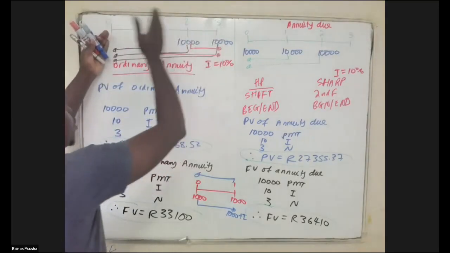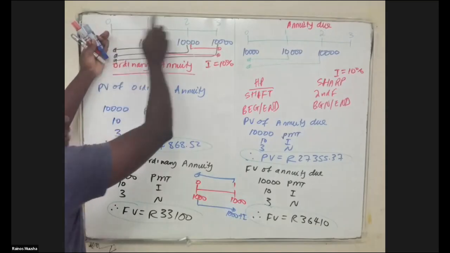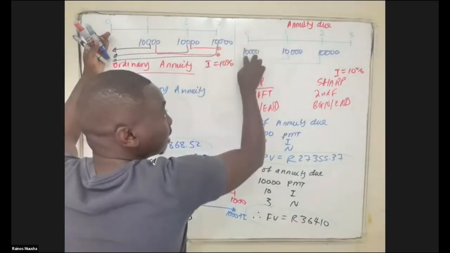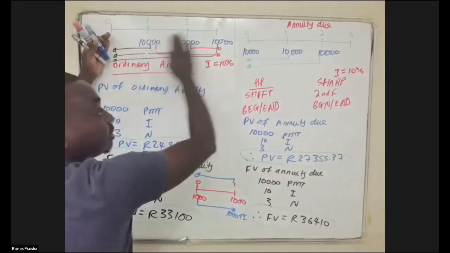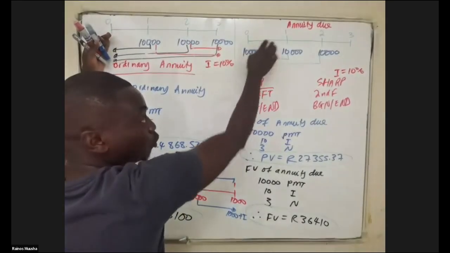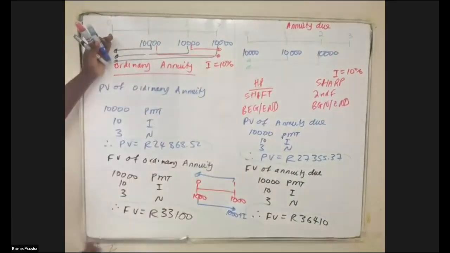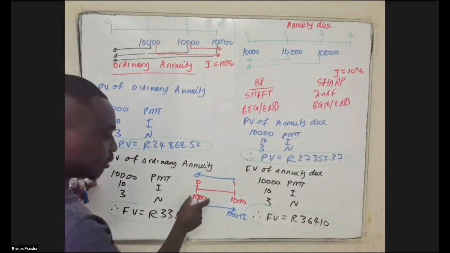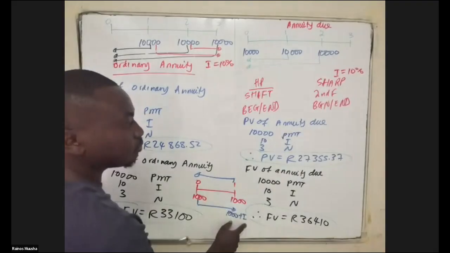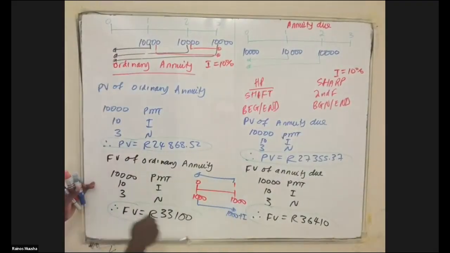The 10,000 rand you're getting after 1 year is the same 10,000 rand you're getting today, so you'd rather get it today because it's worth more to you. And the same applies when you're looking at the future value. The 10,000 today is going to be worth more to you because of the effect of what? Of interest, because you will have an extra 1 year period to earn interest on that money.